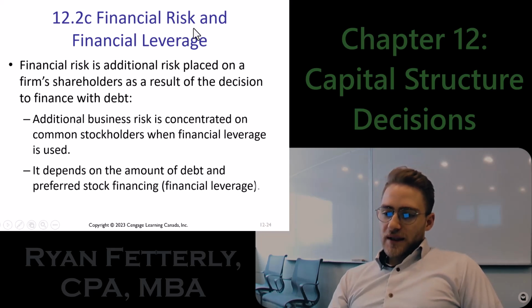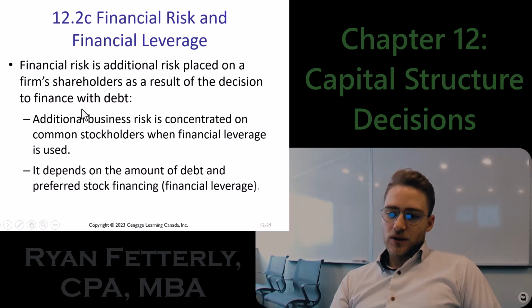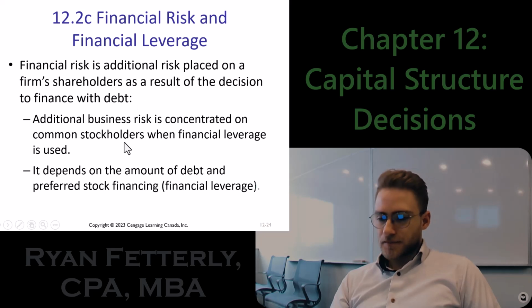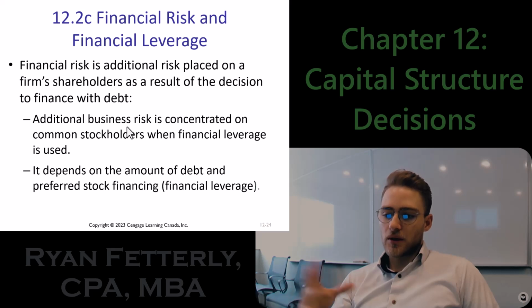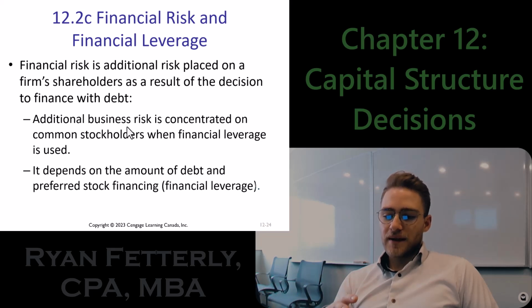So, financial risk and financial leverage. Financial risk is the additional risk placed on a firm's shareholders as a result of a decision to finance with debt. So additional business risk is concentrated on common stockholders when financial leverage is used. It depends on the amount of debt and the preferred stock financing as well.